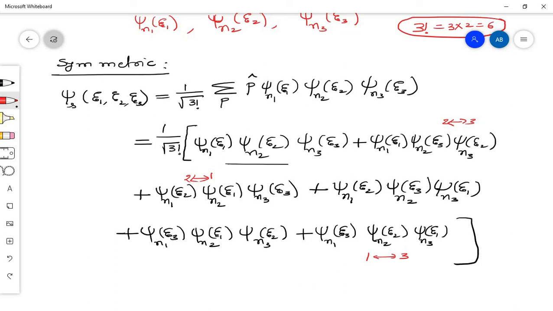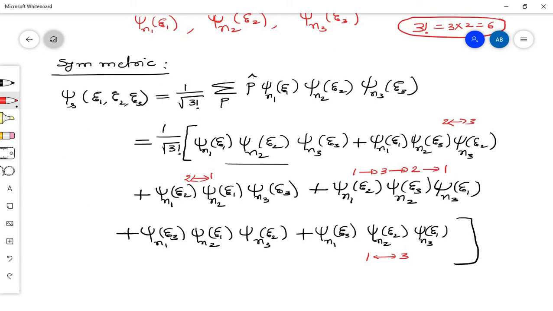Now see the permutations here. 1 goes to 3, then 3 goes to 2, but 2 again goes to 1. This is the permutation.